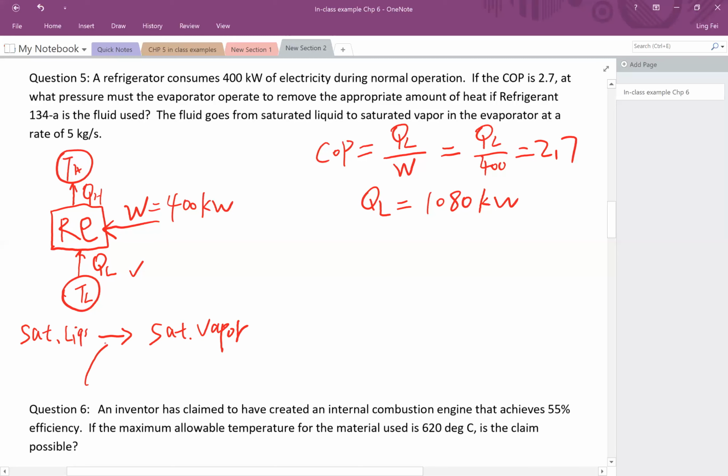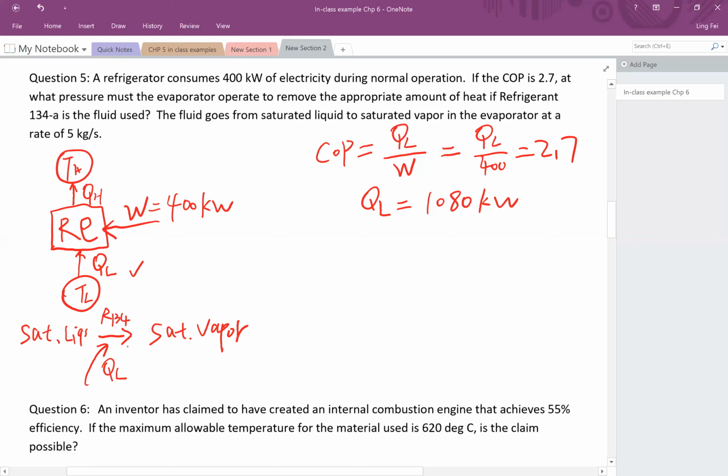So the heat going in is your QL, because your food releases the amount of heat QL and the heat is absorbed by the R134. So after absorbing the heat of QL, the R134 becomes saturated vapor from saturated liquid.